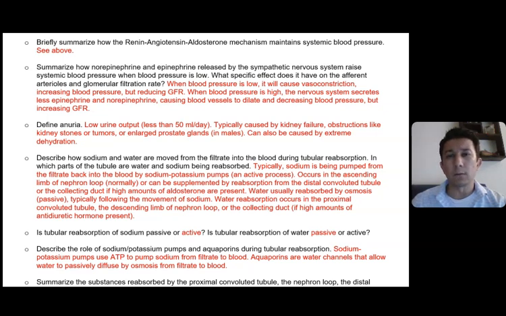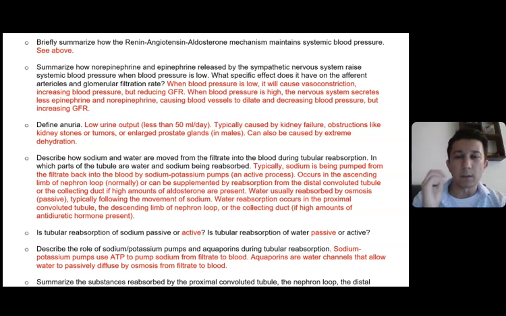But the hormones/neurotransmitters, epinephrine and norepinephrine, what they will do when blood pressure is low, as I mentioned earlier, is that both of those neurotransmitters will stimulate vasoconstriction, cause the smooth muscle in blood vessels to contract, decrease their diameter, which is going to increase the resistance to blood flow, as Poiseuille's law highlights, and that's going to help to increase blood pressure, but at a cost to reducing GFR, typically.